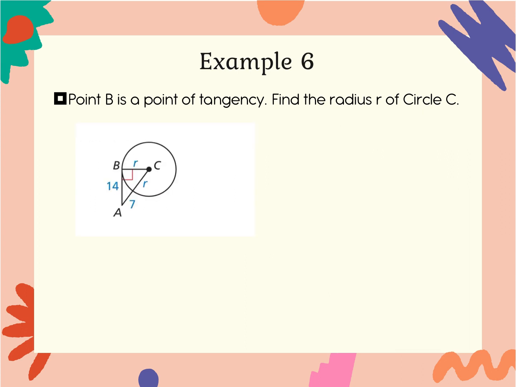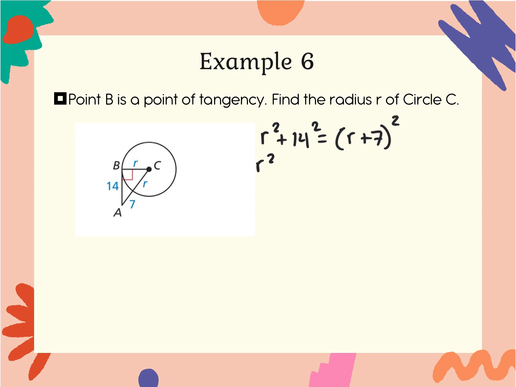So if we have example 6, it says point B is a point of tangency. So that means we have a 90-degree angle from the radius. They want us to find the radius r of circle C. Now this is just like the last example. And we have to set it up as r squared plus 14 squared equals r plus 7 squared. It's going to be r squared.